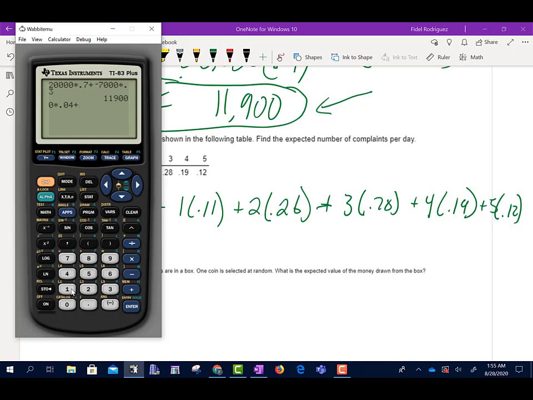Plus 1 times 0.11, plus 2 times 0.26, plus 3 times 0.28, plus 4 times 0.19, plus 5 times 0.12 equals 2.83.